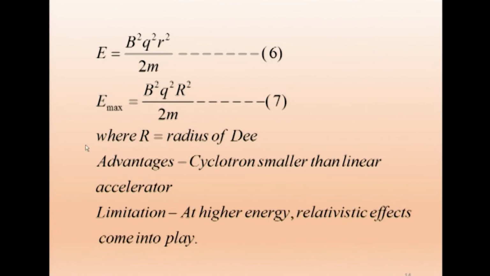The advantage is that the cyclotron is smaller than a linear accelerator. Already we saw that in the linear accelerator, the particle gets attracted and goes through a tube, and when it crosses from one tube to another there is a changeover of polarity, and it goes on with higher velocity. If the first tube is 1 meter, the second tube must be 1.414 meter.